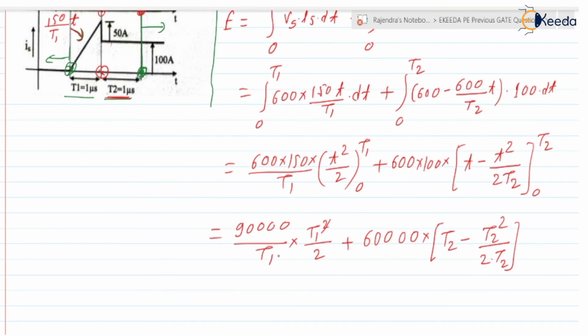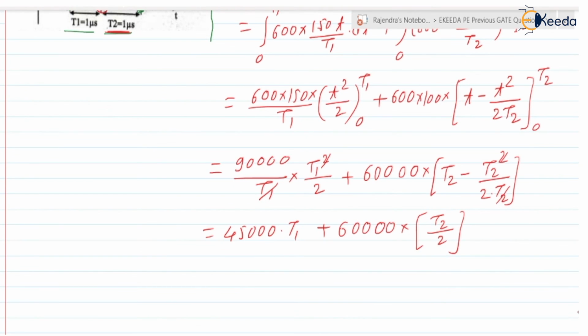From this, t1 will get cancelled, so it is 90,000 by 2, that is 45,000 into t1, plus 60,000 into t2 minus t2 by 2, where t2 will get cancelled, so it is equal to t2 by 2. So we can write it as 60,000 by 2, which is 30,000. So 45,000 into t1 plus 30,000 into t2.